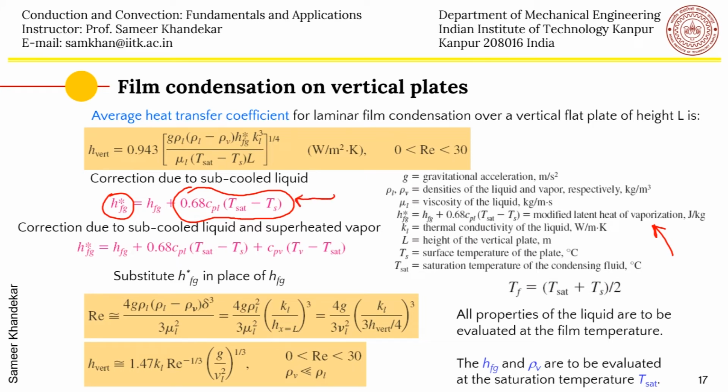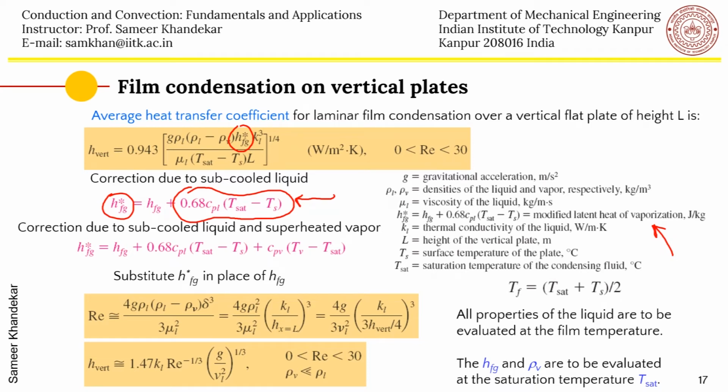Now the liquid may also get eventually subcooled. It may not remain saturated, because you have a long plate and the film is slowing down, and slowly some amount of sensible heat will also be taken away. So cp vapor (Tv minus Tsat) and cp liquid, both may be possible.